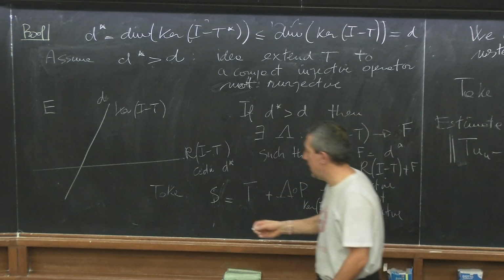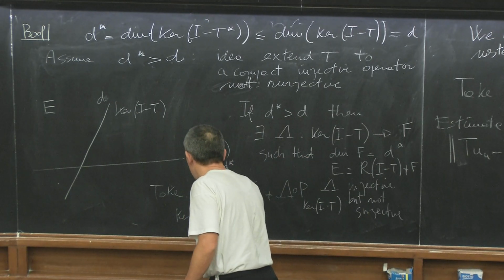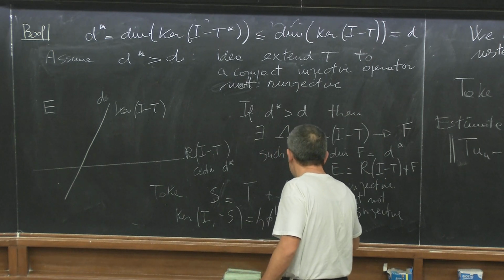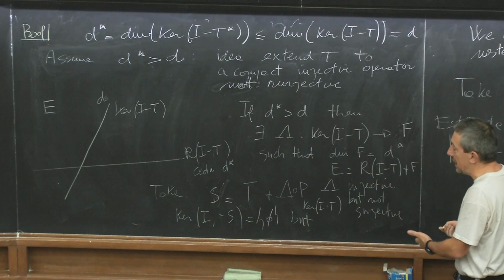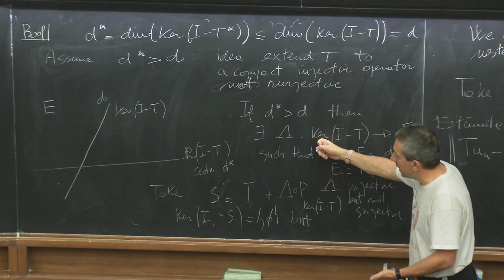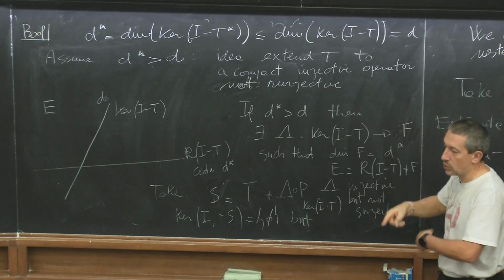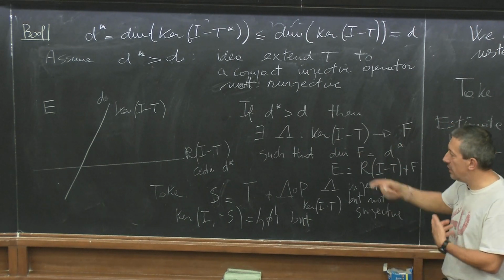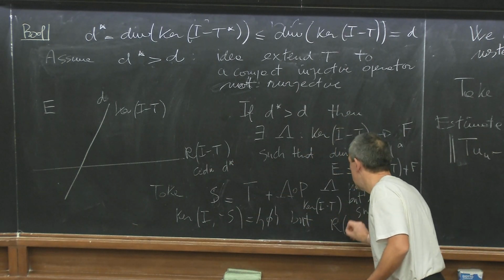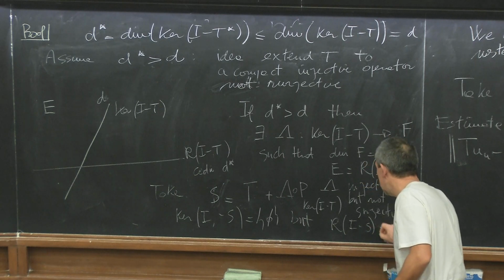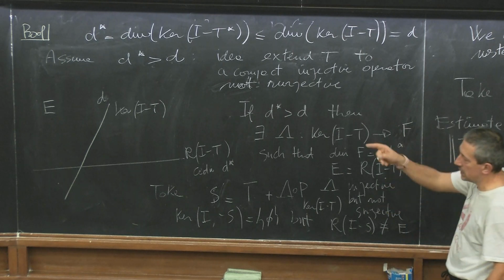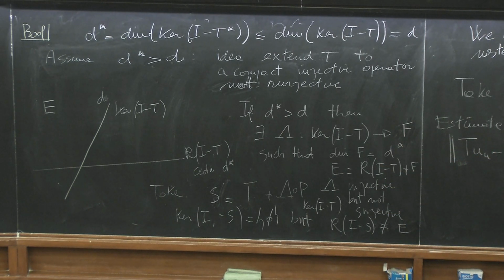So essentially, I have that the kernel of identity minus S is equal to 0, but the range cannot be the whole set, simply because the image of lambda does not cover the topological supplement of this space here. And now we specify the thing is contained, so it's different than E. So I have a contradiction with point C.